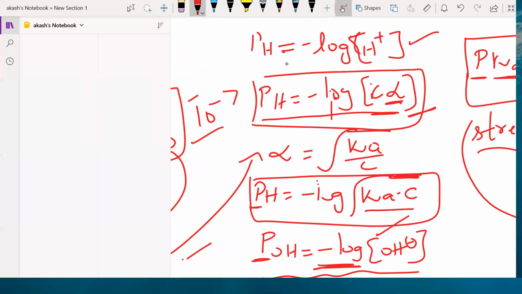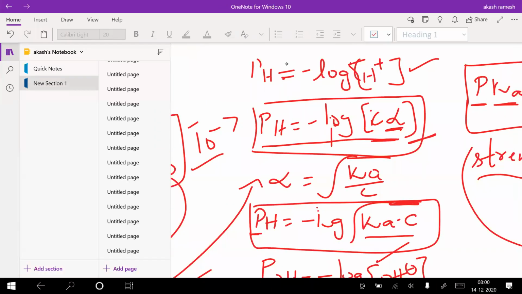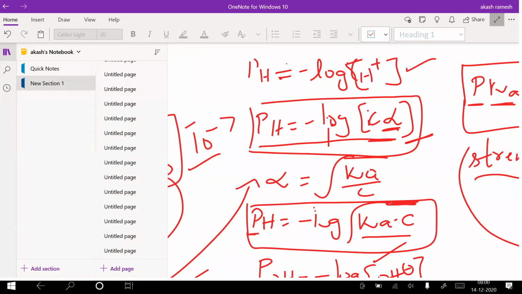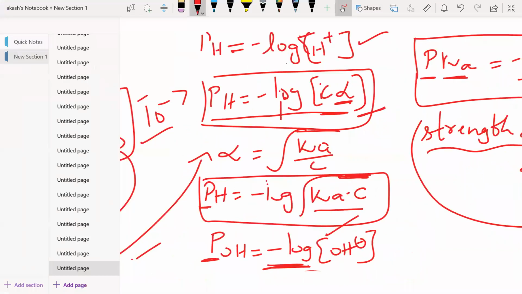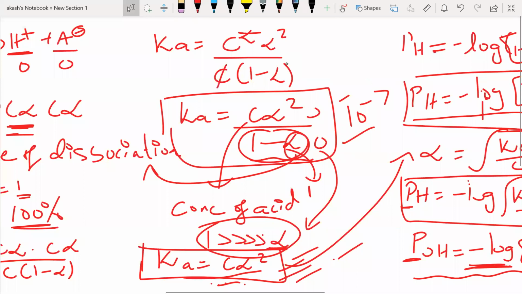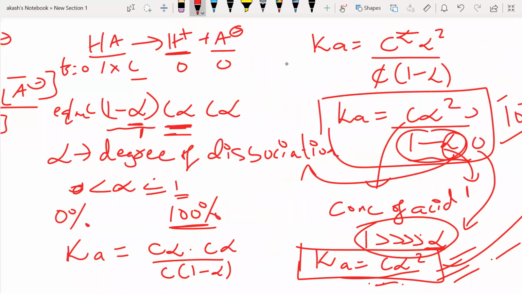Yeah, so from the equation itself, the Ka value is this. You can see it is directly proportional to the concentration of H plus that is going to come.